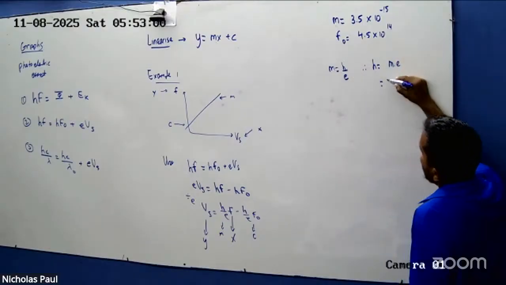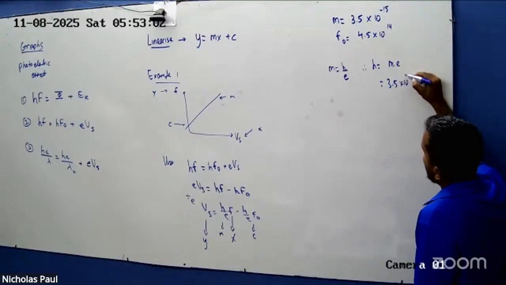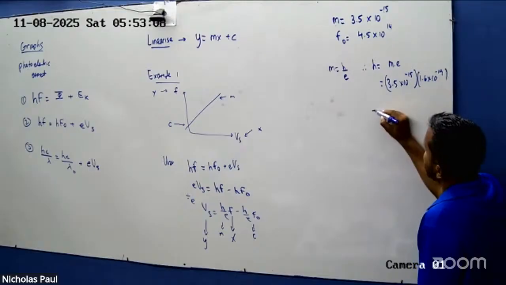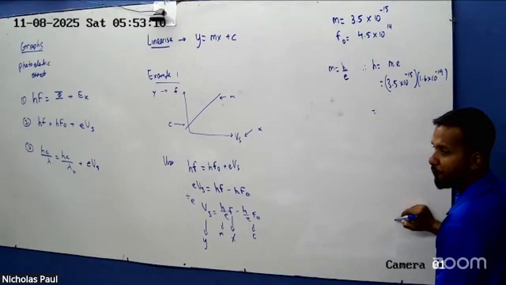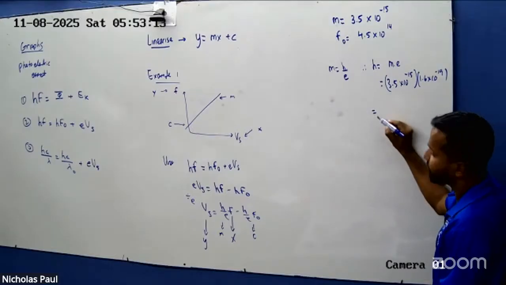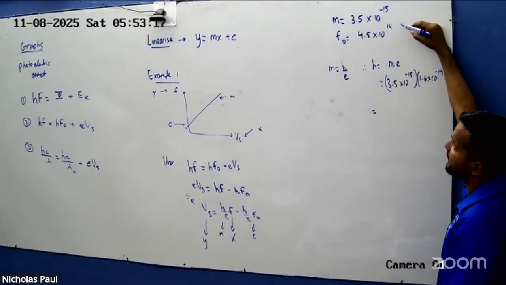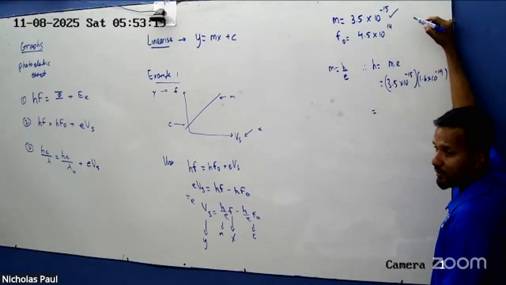Multiply your gradient by 1.6 by 10 to the minus 19. Use this value to help you find your h.